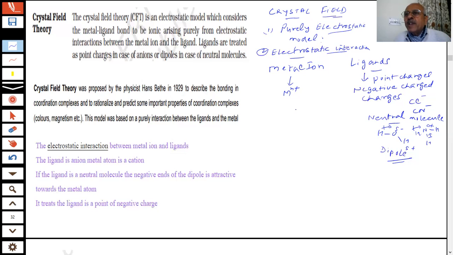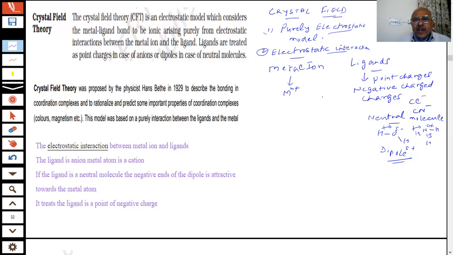To explain their magnetic properties, their color and their spectra, which we will study in higher classes, this model was proposed. It is based purely on the interaction between the ligands and the metal, treating them as charges.